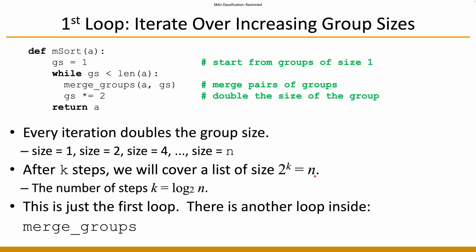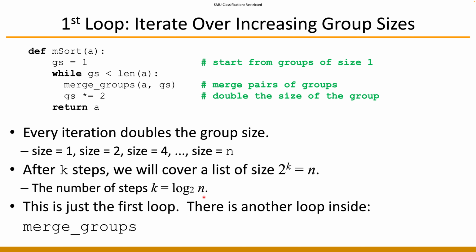So very similar to the previous case of binary search, we have this relationship and we want to find the number of steps, where k is the number of steps we are looking for. Again, you take the log base 2 on both sides, and k drops down. So the number of steps required to double the group size until you eventually equal or exceed the list size n will be log 2 n. So this is, at the highest level, how many times this while loop will execute.